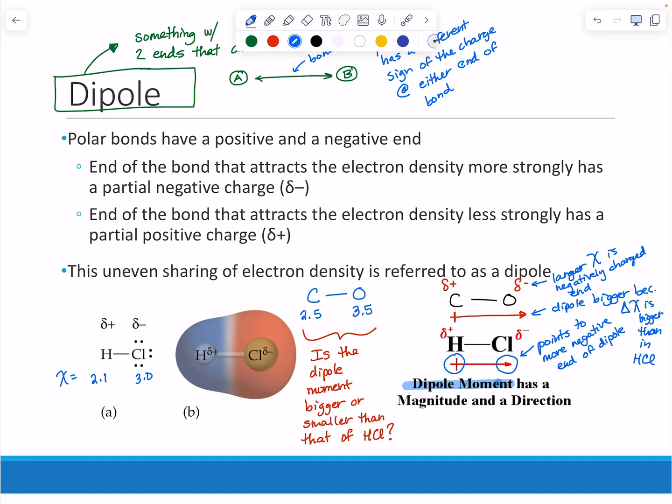Yeah, so bond length, how far they are apart. So realize, again, that distance between the atoms is going to play a role. If you have a really big atom, they're going to start out farther apart, and that's going to make things even weaker. So distance between nuclei also matters.